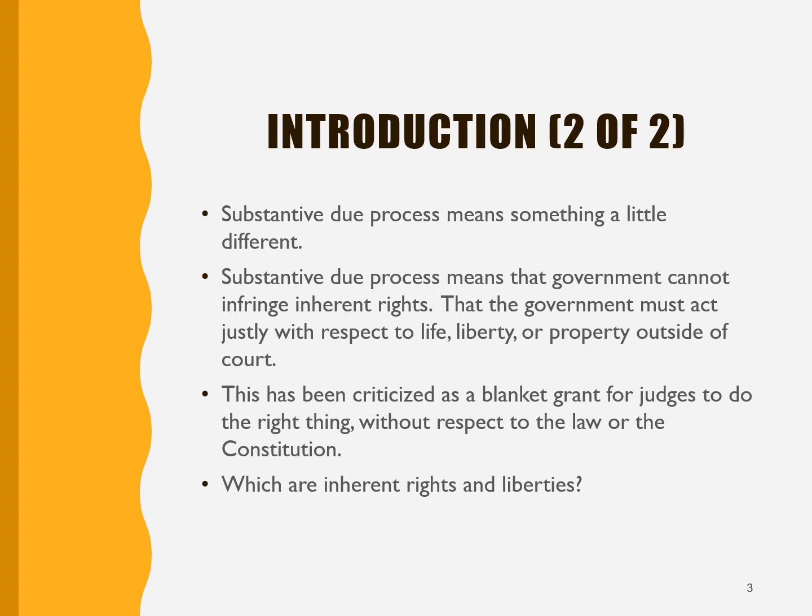However, what we're typically asking judges to do is to apply a sense of fairness. And this has been criticized as a blanket grant to judges to do whatever they think is right, whatever they think is fair. It says something, right, that our top federal judges are called justices rather than judges.